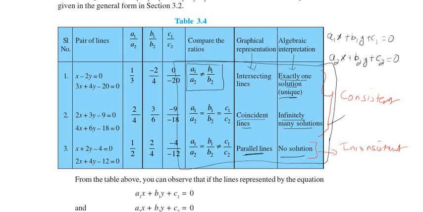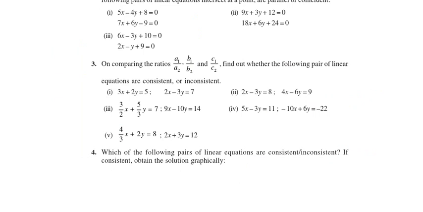Both equations may have a unique common solution, or they may have no common solution, or all the solutions of one equal the solutions of the other, giving infinitely many solutions. And we also learned the geometric or graphical concept: the lines will intersect, be coincident, or be parallel. Then we did some questions based on that, the types of questions they can ask you.